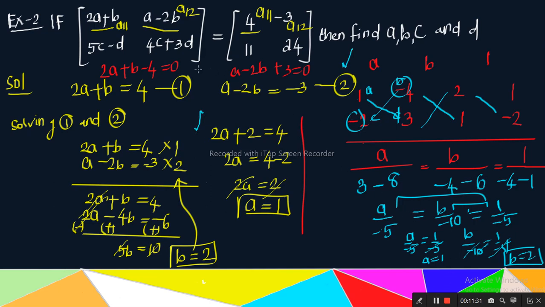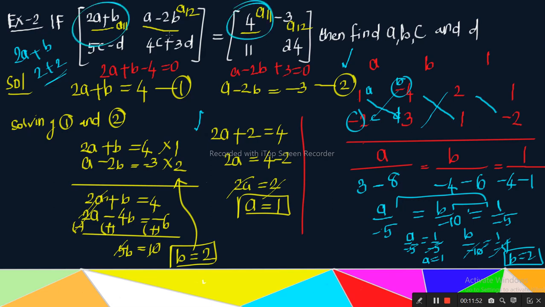So this was the second example for equality of matrix. If I keep the values of a and b here, 2a plus b, a is 1, so 2 into 1 is 2, plus b is 2, 2 plus 2 is 4, so a11 is also 4.